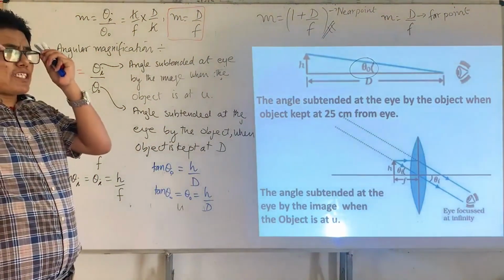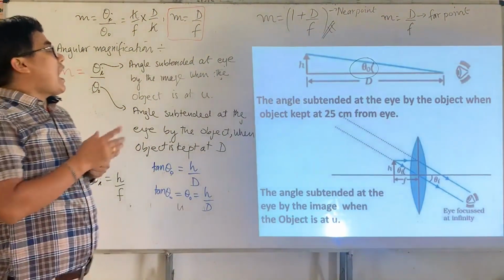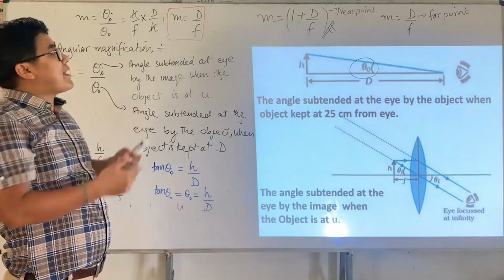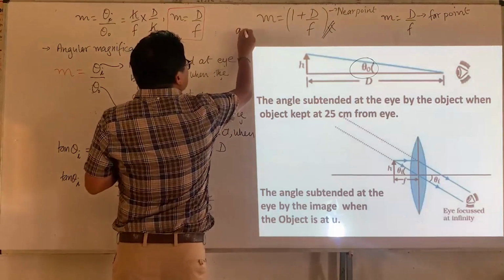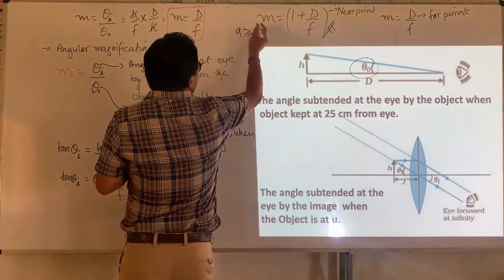Now look at the limitation of simple microscopes. I can't go on increasing magnification. At most I can go up to 9.